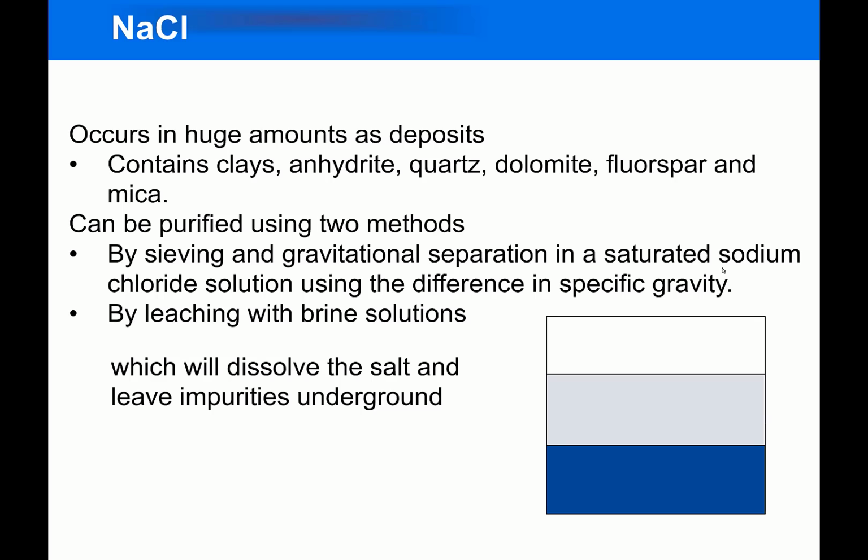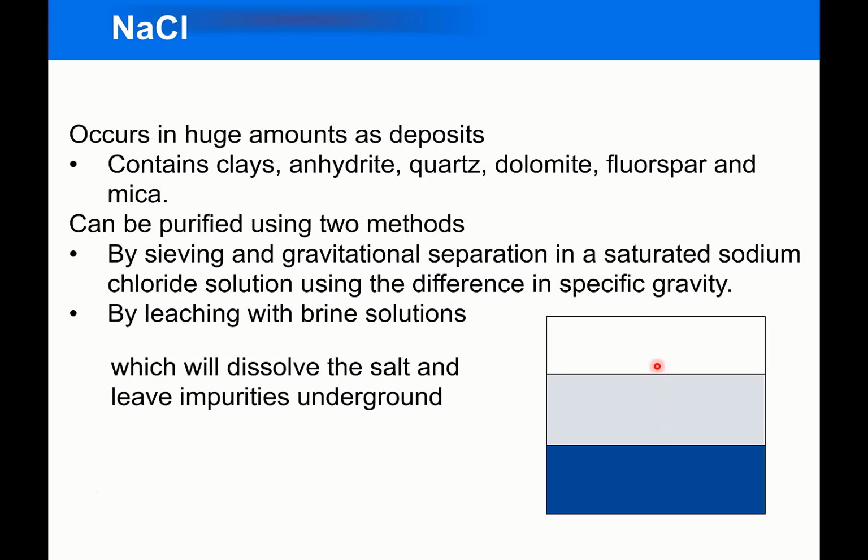So the whole process of producing sodium chloride includes purifying the deposit from debris, and the purification can be done using two methods. First one is by gravitational separation from a saturated solution of sodium chloride.